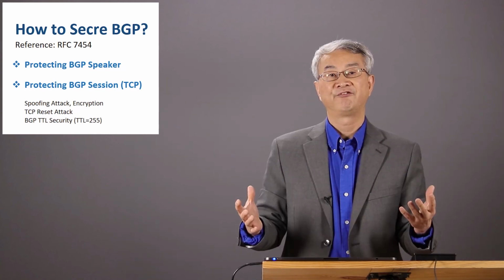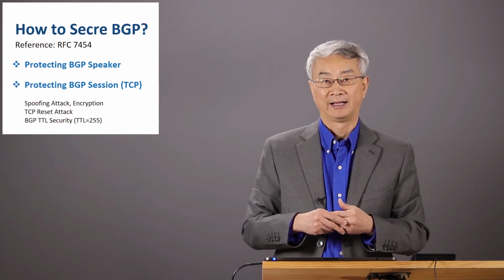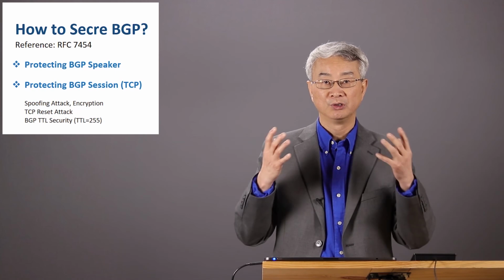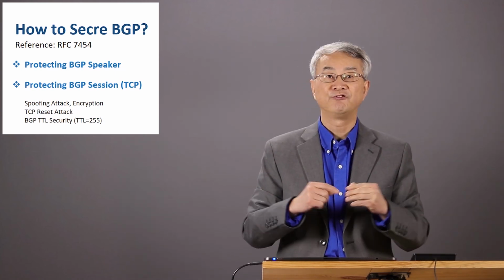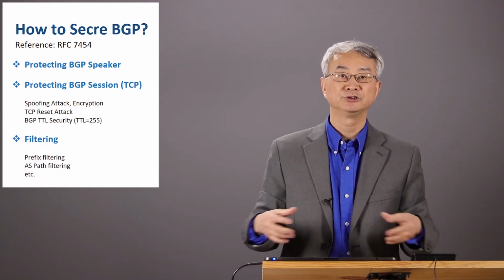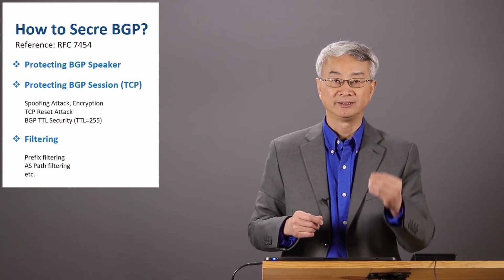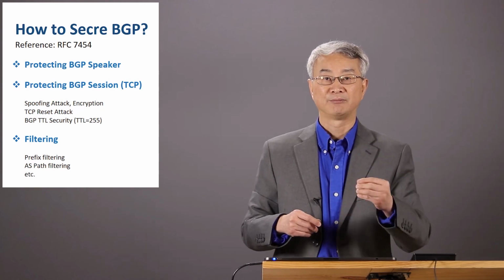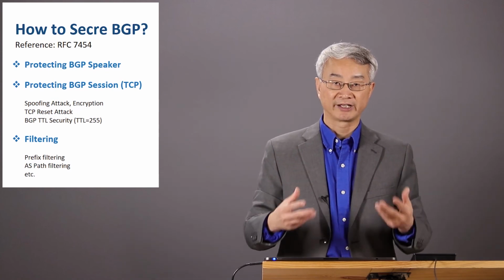Regarding the fake update, the fake announcement, that is quite difficult to defend against. One of the ways to do that is to enforce some filtering rules at your boundary. You should not just accept all the announcements. You should actually decide what to do with some of them. There are a lot of filtering rules that you can apply.